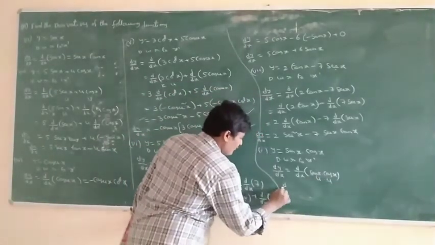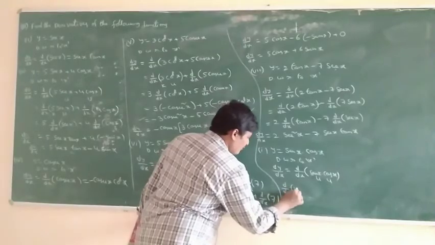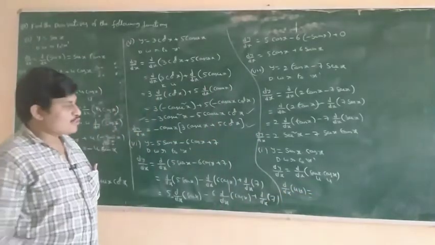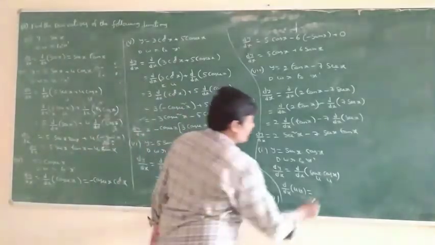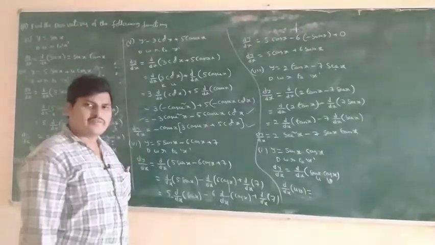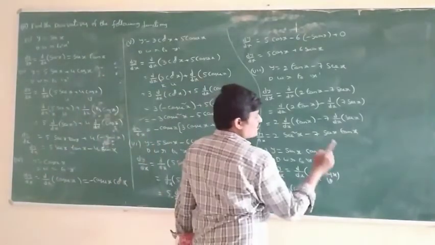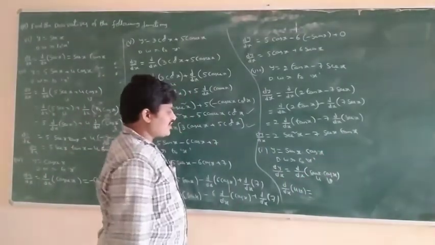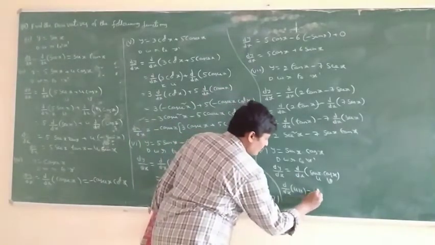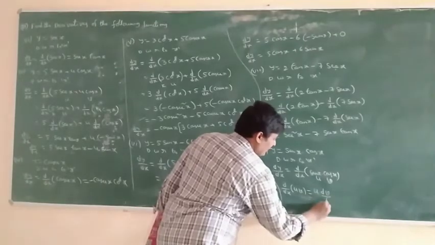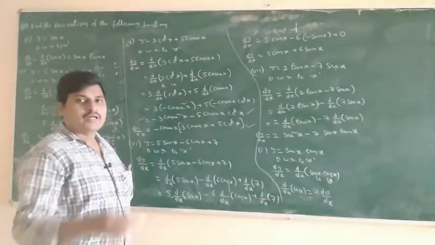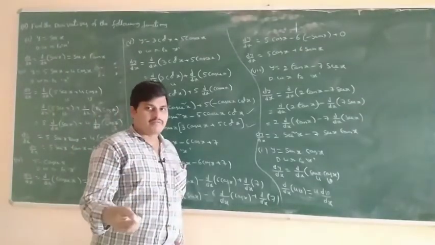What is the u into v formula? d by dx of u into v. u and v are any functions: trigonometry, algebraic, logarithms, exponential, any function, but two different functions. This is a sine function, this is a cos function. Derivative of u plus v is equal to derivative of u plus derivative of v.